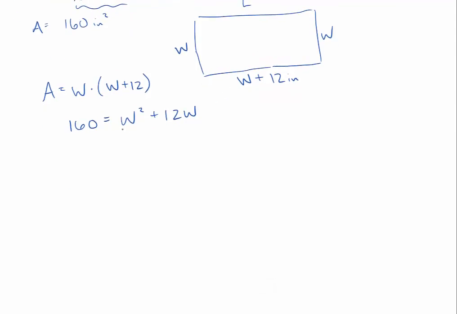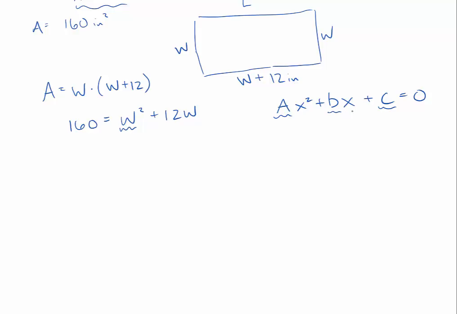But since it's not a linear equation anymore, because I have a W squared here, we're going to set this up in the form ax squared plus bx plus c equals 0. And that might scare a lot of people because there are a lot of letters there, but a, b, and c are just numbers, so don't worry about that.